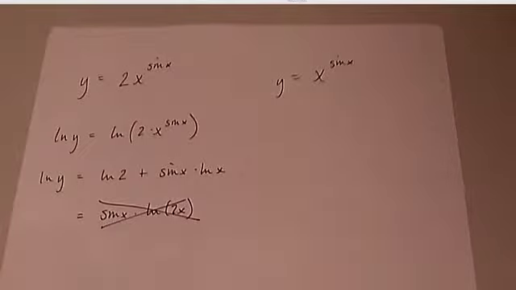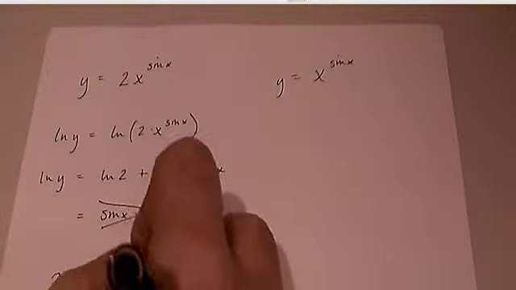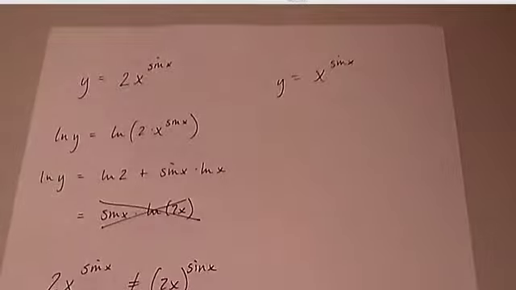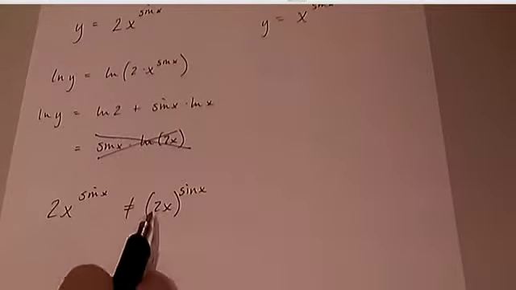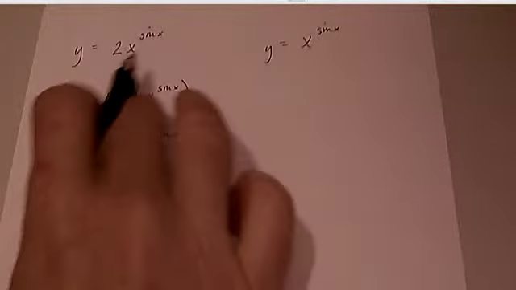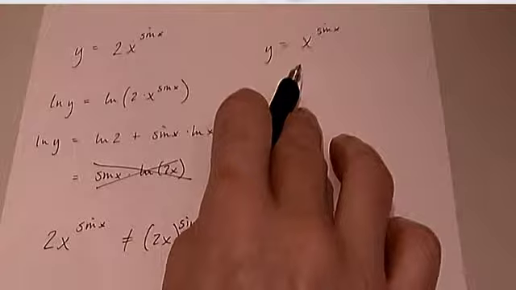That is not true, okay? In order to be that, you got to remember that 2x to the sine x is not the same thing as that. If it were 2x being raised to the sine x, there would be parentheses right there, okay? So that would be how you need to approach this type of problem in contrast to this type of problem.